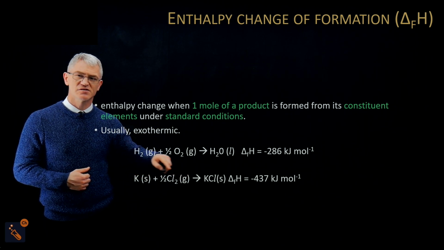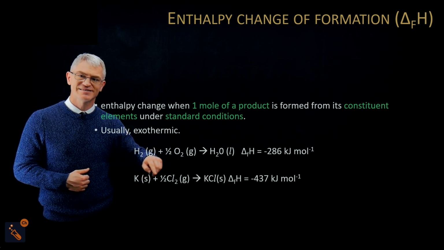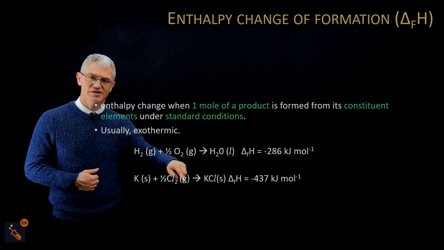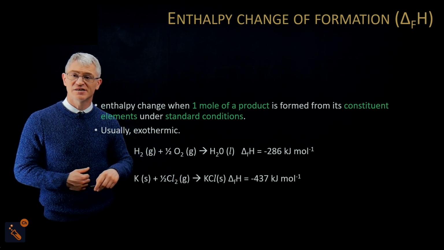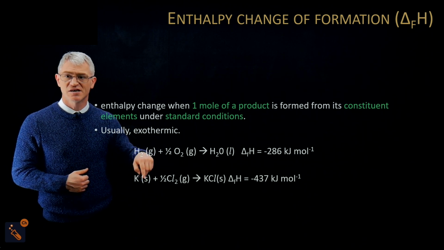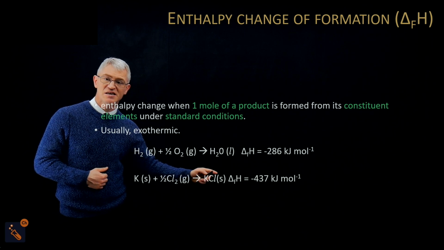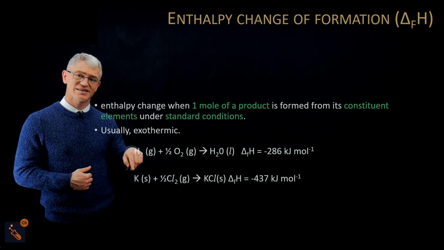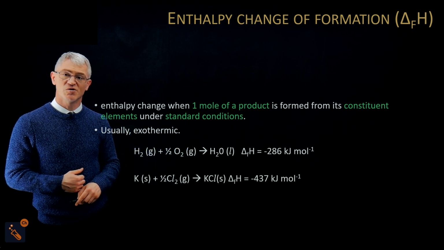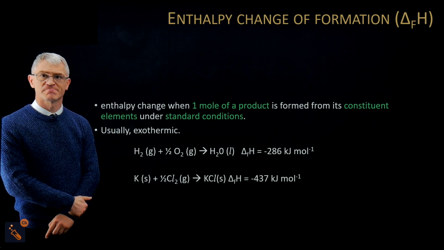Now, if it was lattice enthalpy, that would be G and G, but this is S and G, because at standard conditions, 298 Kelvin, 25 degrees Celsius, that would be a solid. So the potassium would be a solid, and that would be a gas. And that's how you can tell this is not your lattice enthalpy. This is your enthalpy change of formation. You can see it's exothermic and negative.